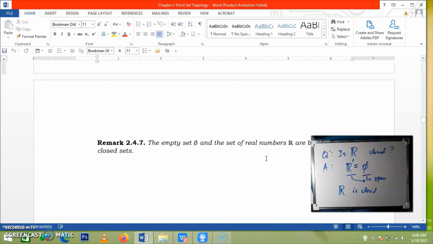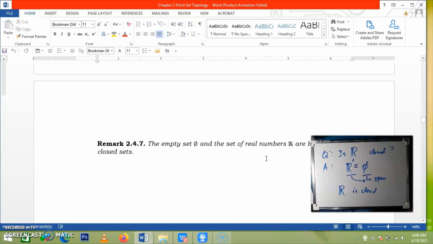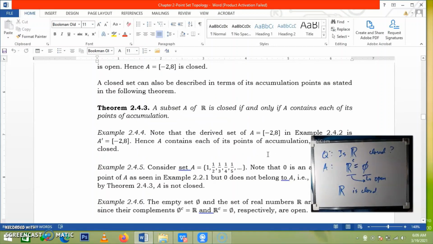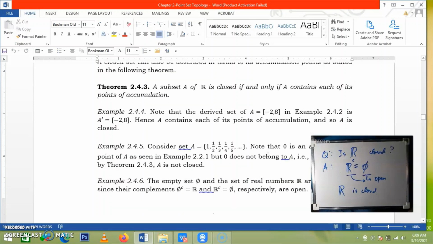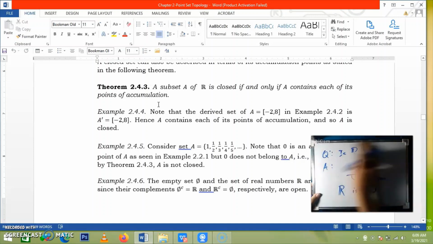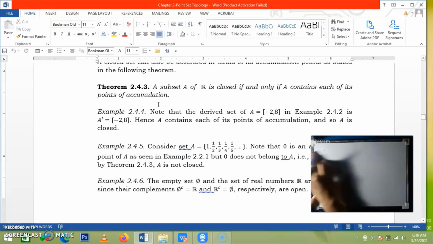Now we can also define closed set in terms of its accumulation points. So we have this theorem. It states that a subset A of real numbers is closed if and only if A contains each of its points of accumulation.